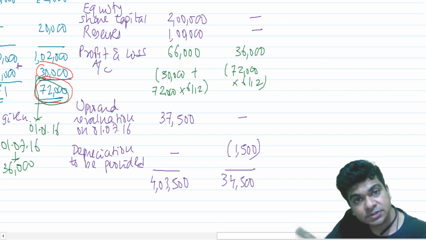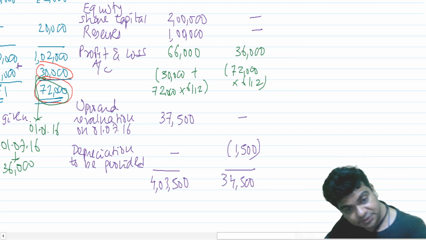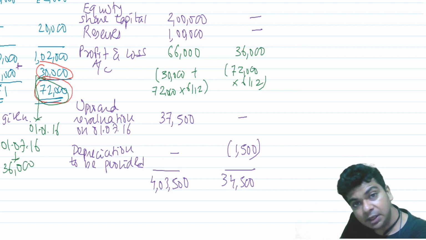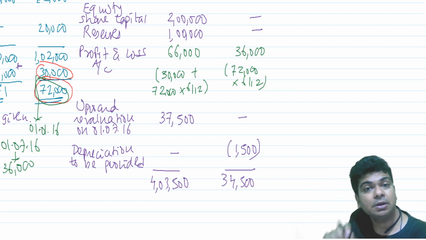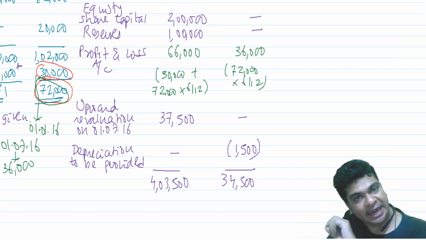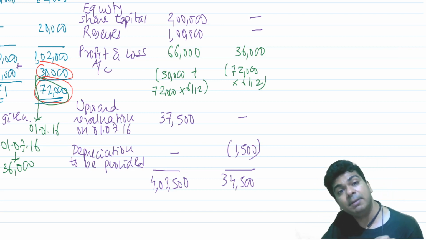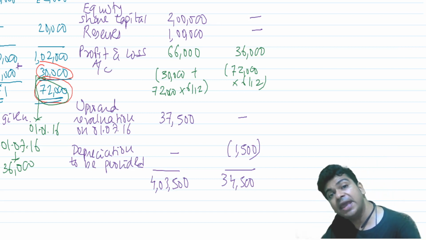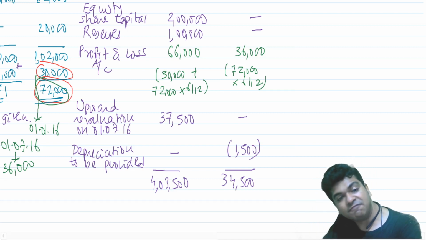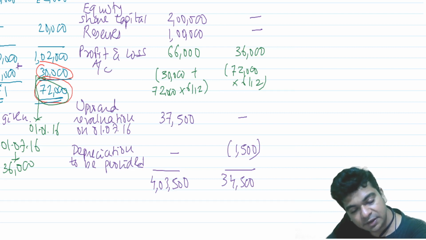Net assets means assets minus liabilities, which here we are doing as a balance sheet equation, that assets minus liability is nothing but share capital plus reserves and surplus. But remember one thing, if you are paying dividend, then dividend will be paid in cash. And if you are paying in cash, it will reduce your net assets. So effect of dividend needs to be given now.